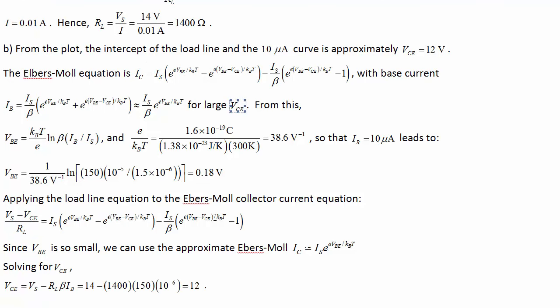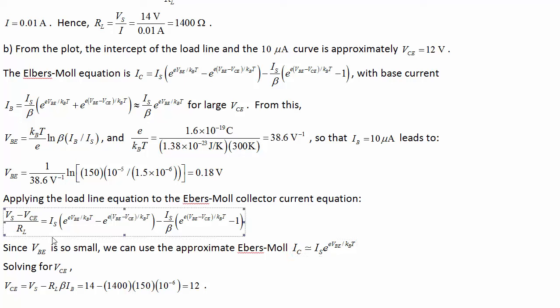Okay, now let's find out what VCE we actually get in this situation by writing out our Ebers-Moll collector side of things. So the Ebers-Moll collector current up here must be equal to the load line collector current. But again, since VBE is small, we're just going to ignore the reverse bias diodes and say the collector current's approximately just IS e to the q VBE divided by kBT.